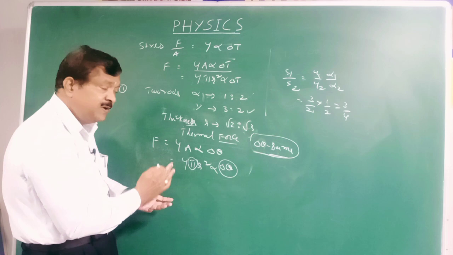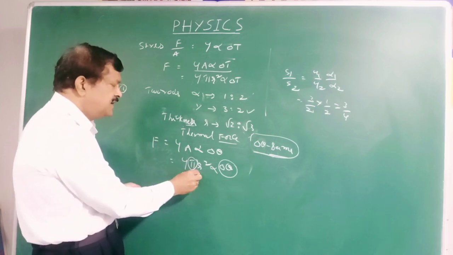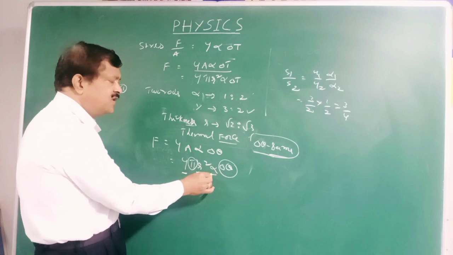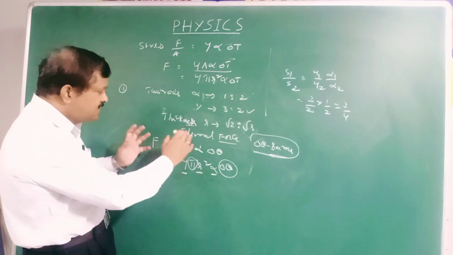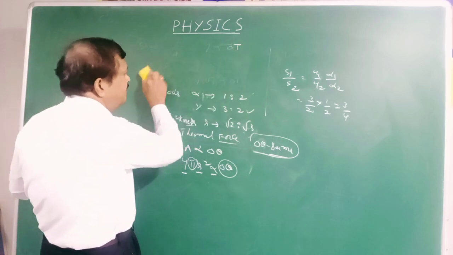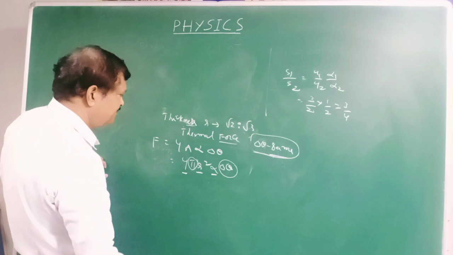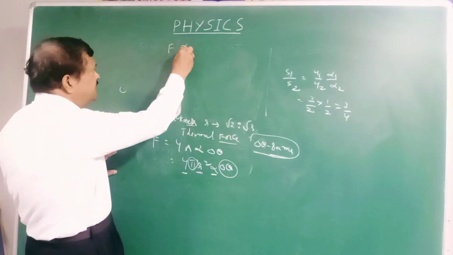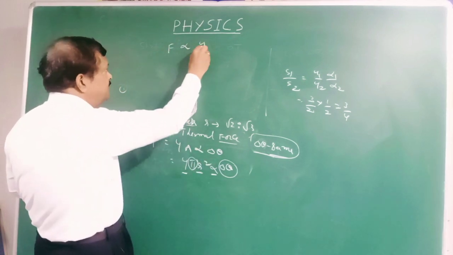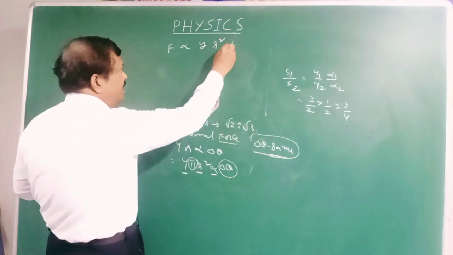Then the variables present in the problem are Young's modulus, the radius of the wire, and coefficient of linear expansion. So as per this equation, force is proportional to Young's modulus, radius square and alpha.